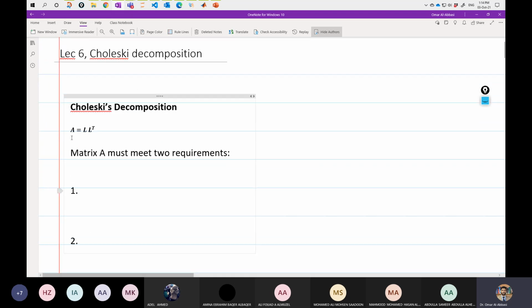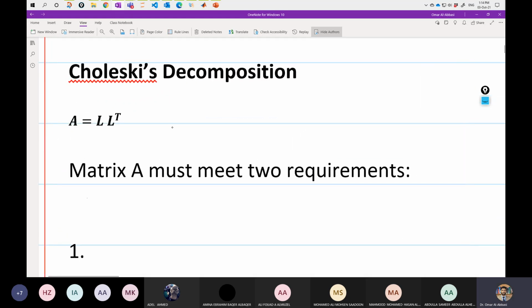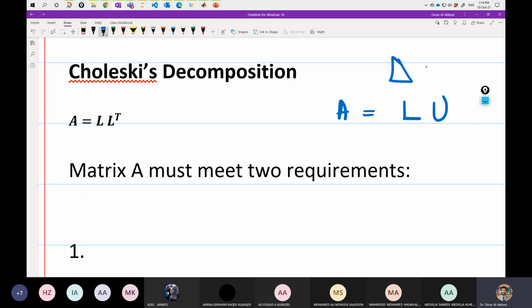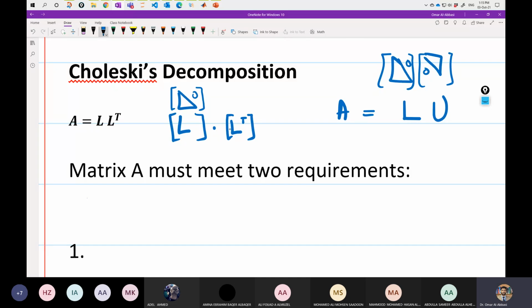And this method, rather than separating the A matrix as previously in the LU decomposition, where we decomposed A into L and U, lower triangular matrix versus upper triangular matrix, with zeros over there, this time we will decompose A into a lower triangular matrix, with zeros over there, multiplied by the same matrix, but this time it is transposed.